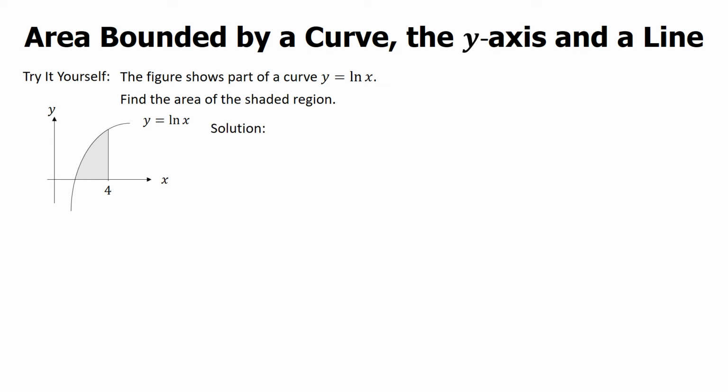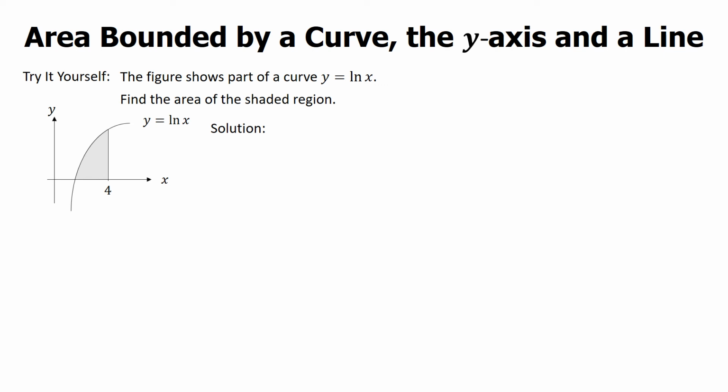Okay, here's the solution. Maybe when you try to solve this question, you might face a problem, especially when you are trying to find the area of this shaded region by assuming that this region is bounded below the curve and the x-axis.